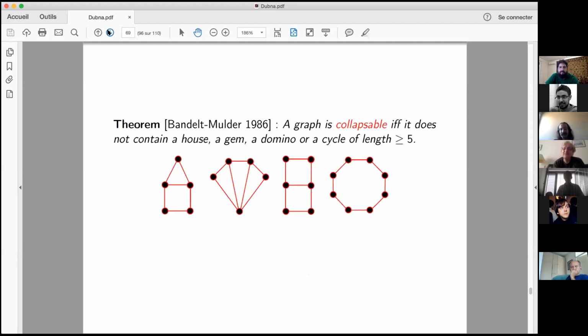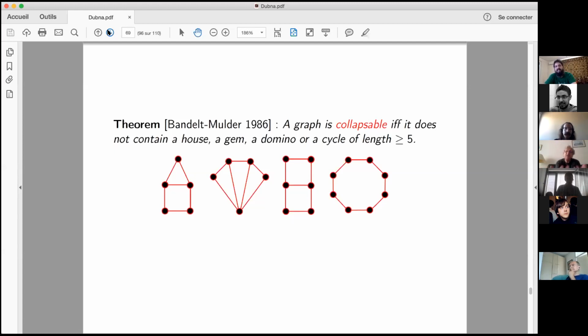A graph is collapsible if and only if it does not contain one of the following examples. On the left is called a house, the second one is called a gem, the third one is called a domino, and the fourth one is a cycle. So you really have this wonderful characterization of collapsible graphs as being graphs that do not contain forbidden configurations.